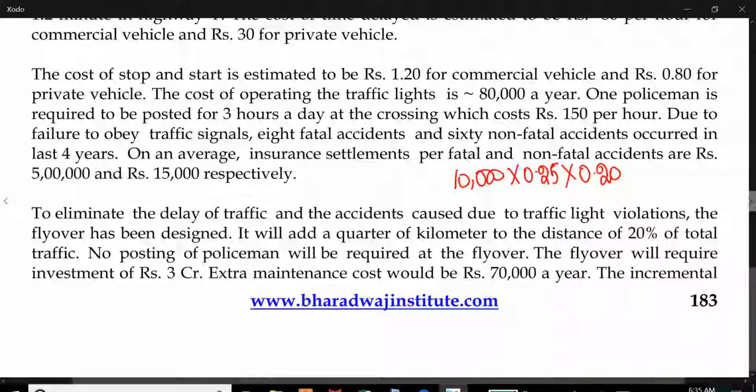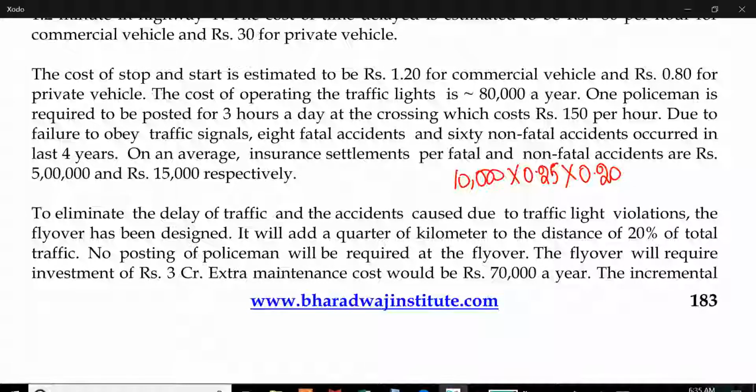The extra addition will happen only to the 20% of the route. The only problem is I should then multiply this with the distance of the highway, or the distance of the flyover, which I have not done, because it says it will add a quarter of a kilometer to the distance of 20% of the total traffic.